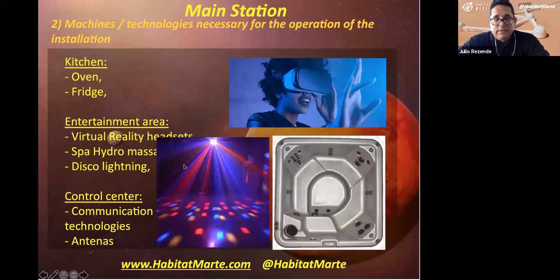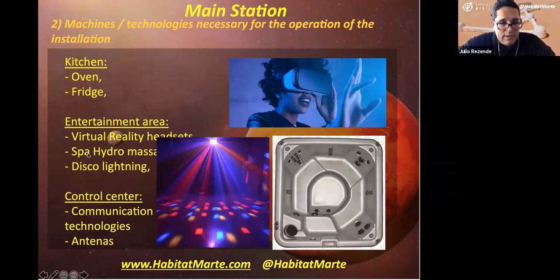If one of the astronauts is laid down with a headset, looking at a forest to be more relaxed, or looking at a beautiful landscape from Earth, to relax or meditate, something like this.